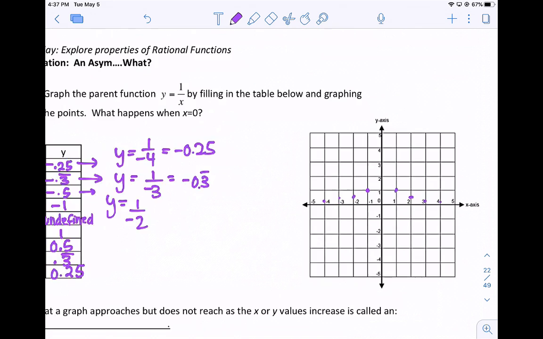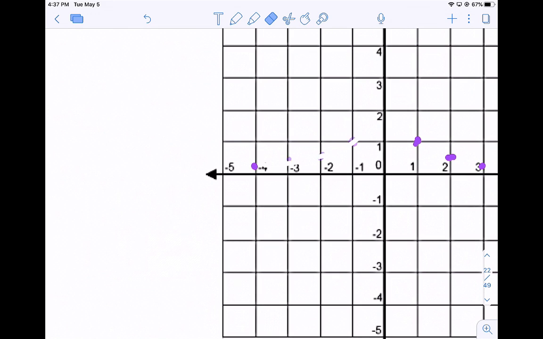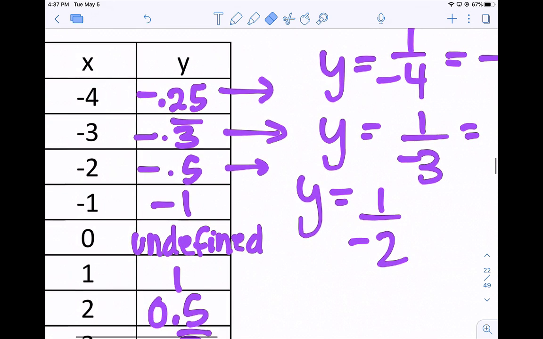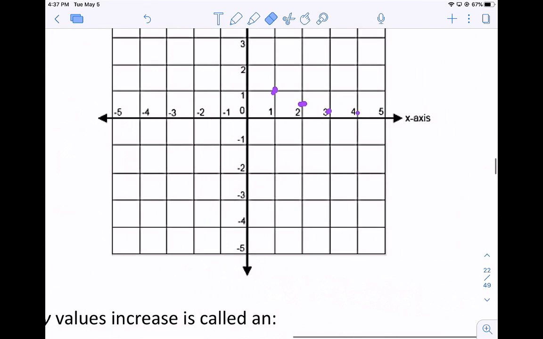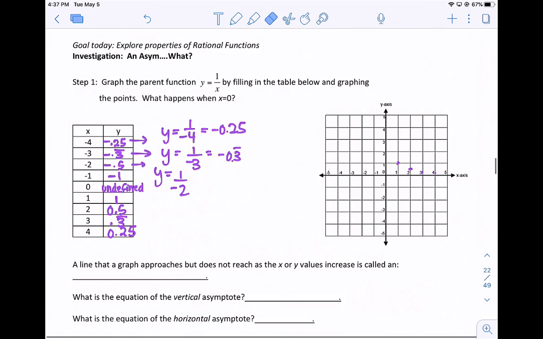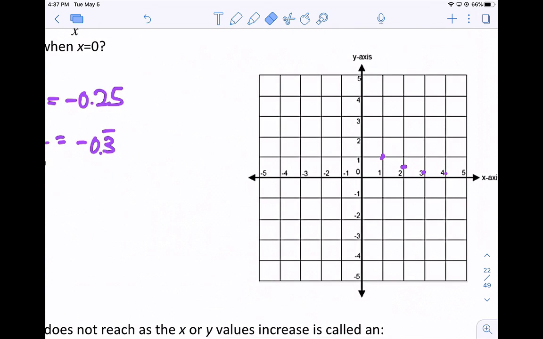Oh, and I graphed these wrong, didn't I? Yes, I did. So I'm going to change these. These were negative, and I put them in the positive. So let's redo that. Okay, so negative 4, negative 0.25 is here.